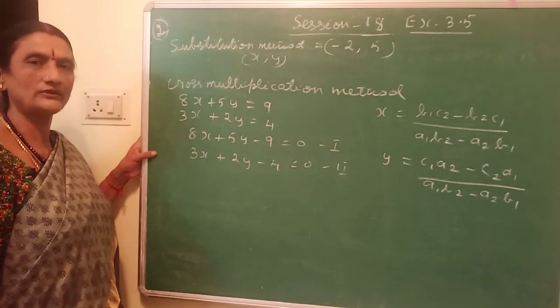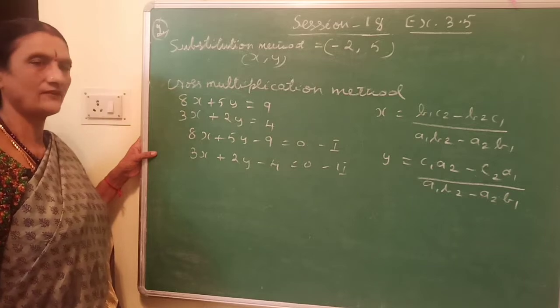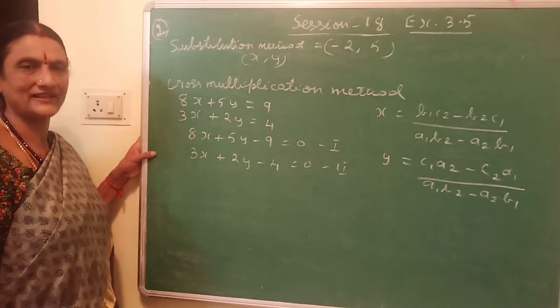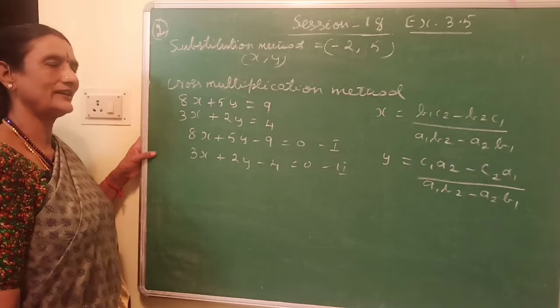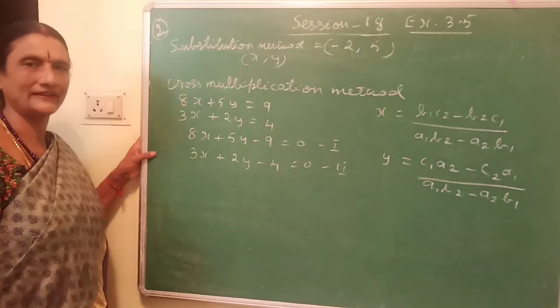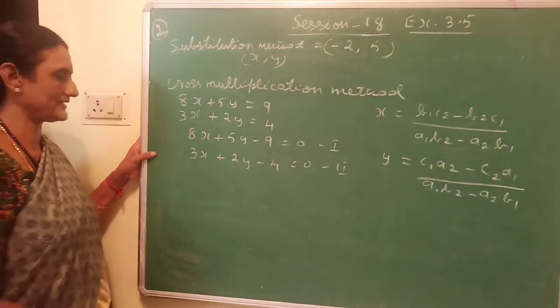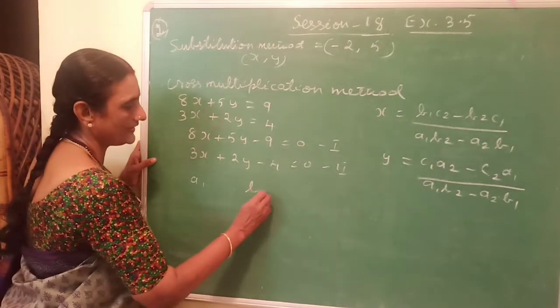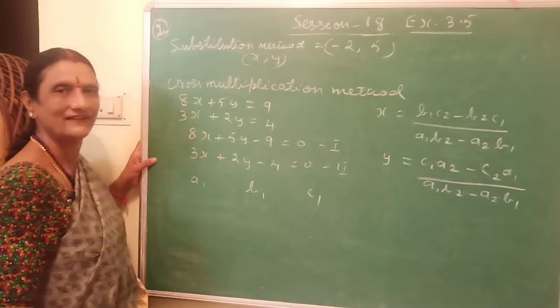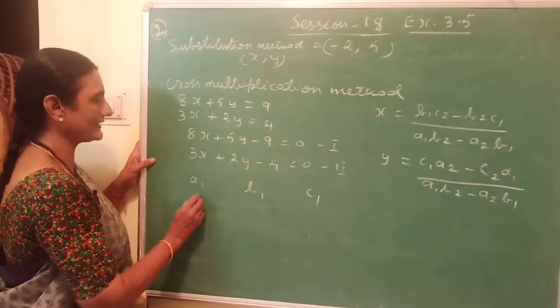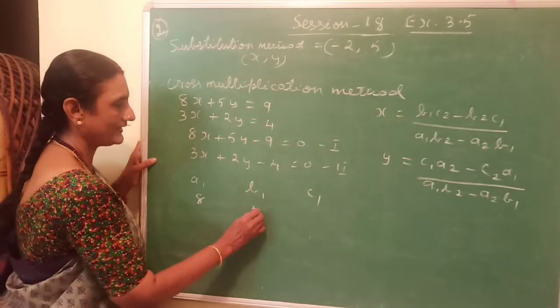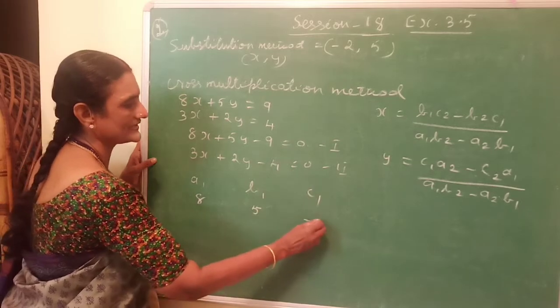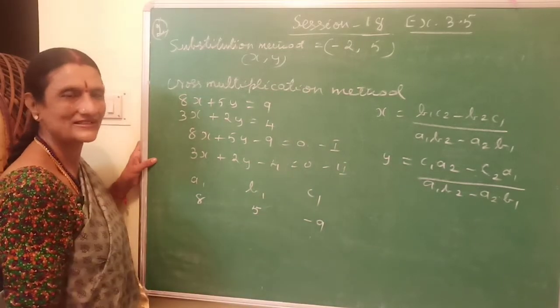Now what are we to do? The next step, you tell me. We have to write the coefficients in that order. We have to identify that with the standard form, and correctly you should enter the coefficients. So what am I doing here? A1, B1, C1. For A1 we know that it is 8, then 5, and C1 is minus 9. Is it clear?